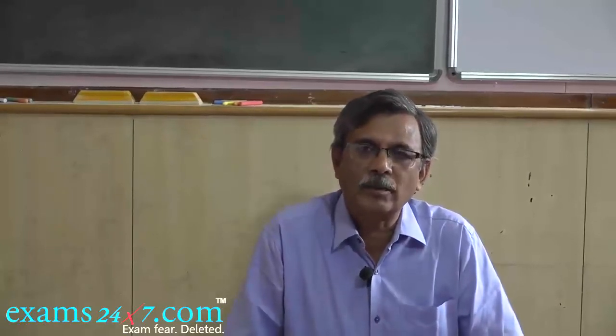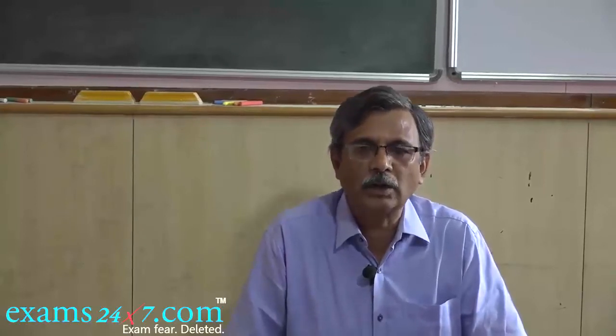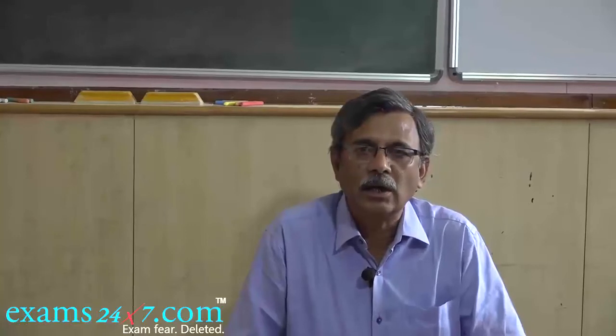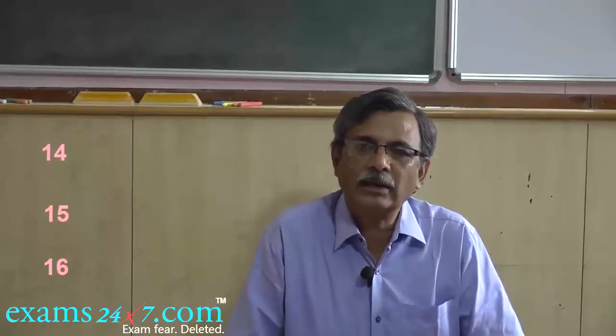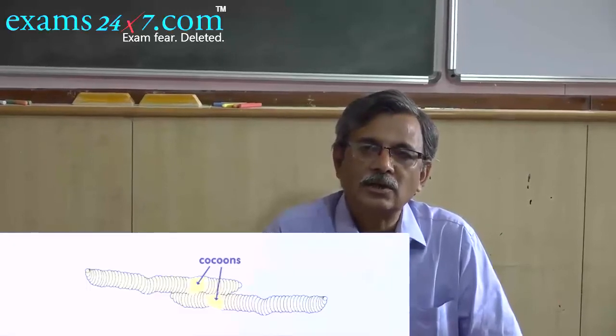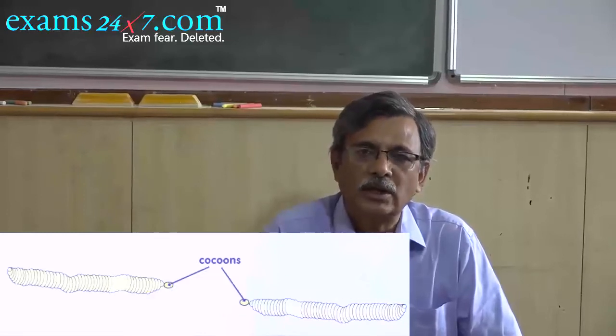Also remember there is a 3 segment fused undifferentiated region called clitellum, 14th, 15th and 16th segment, and this region is rich in glandular cells that secrete cocoon into which the egg is put.